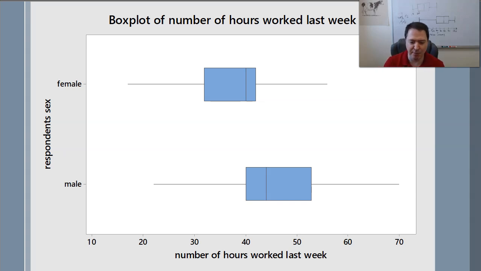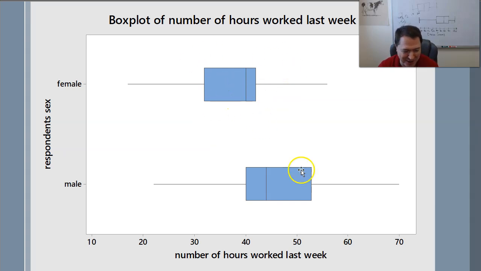So this says more about what people say they do than what is actually occurring in the workforce, because this massive difference that we're seeing between these two essentially disappears when we look at HR data. So this is really just telling us that men are far more likely to say that they work a ton, and women are less likely to say that they work a ton.